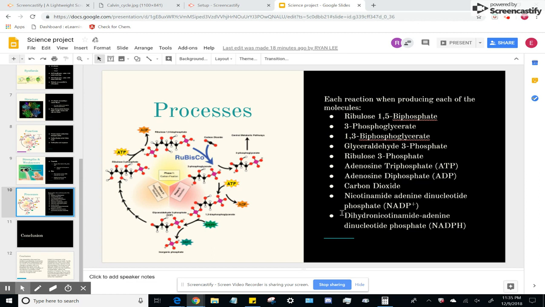One of these GALP molecules is then released from the cycle, undergoing organic synthesis to become starch, which is then stored as an energy source.